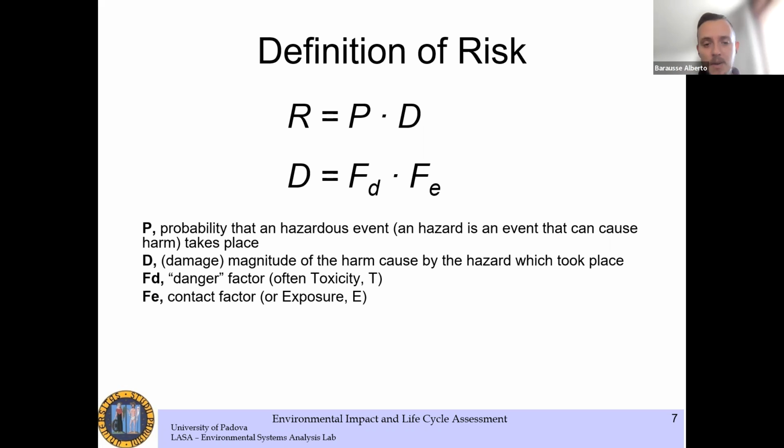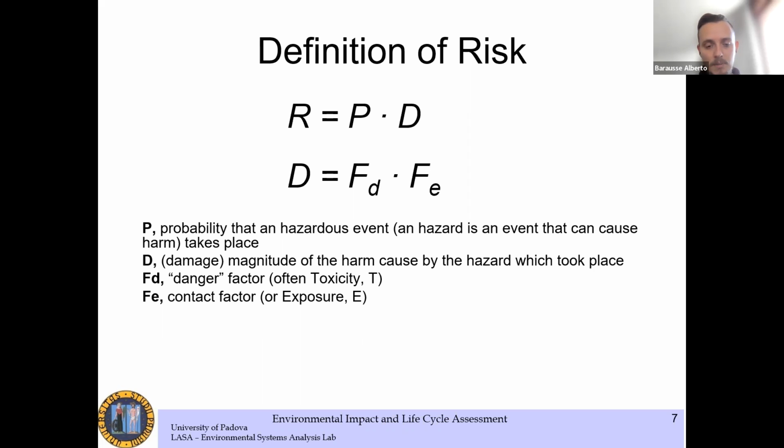You should break down risk into two components that are multiplied one by another. So risk is the product of P and D. P is the probability that an hazardous event, so an event that causes harm to humans, takes place.